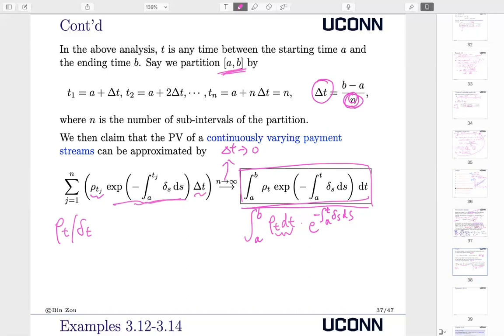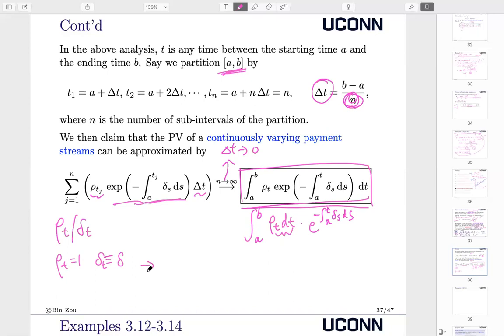But we know a constant is a special function, right? So let's set this to be 1, delta to be 1 as well. Okay, not 1. 1 is too big. So let's put this to be a constant, delta t to be delta. So what do we have?